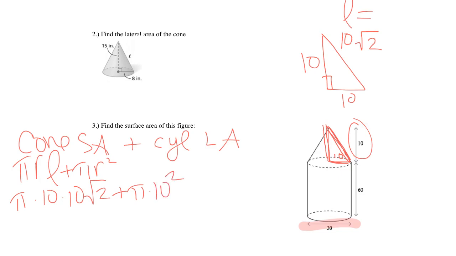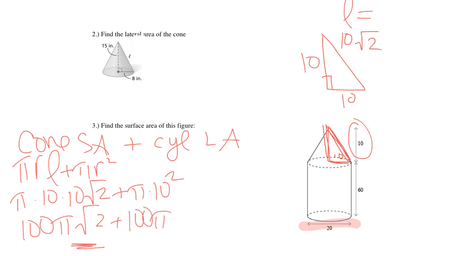Let's simplify that. On the left here, 10 times 10 is 100 pi radical 2 plus 100 pi. Now I can't add those together because one of them has the radical 2 inside of it and one of them doesn't. So that's as far as I can go for the cone surface area.